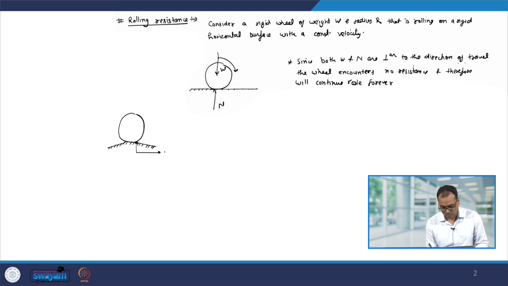So, the deformation in front of the wheel retards the motion, and the material which is behind the wheel is in recovery. So, therefore, it assists the motion.